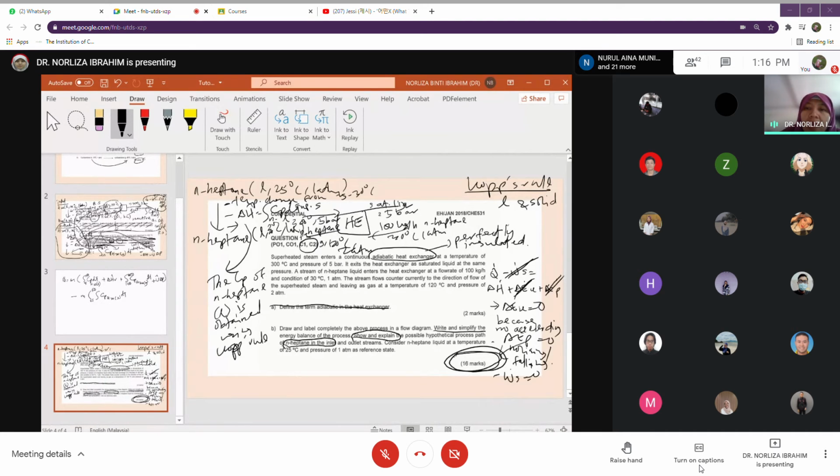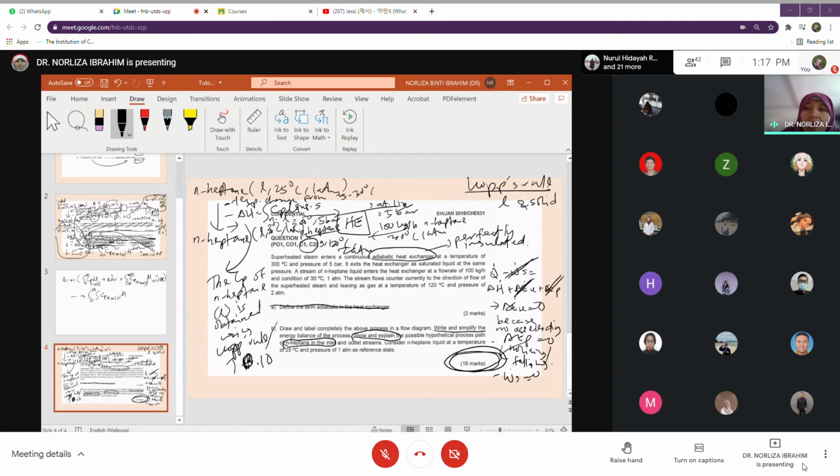Or you can also mention table B10, because Kopp's rule is actually obtained from table B10 with a simple calculation. So you can mention Kopp's rule or obtained from table B10. Okay, so the third point. Because this is 16 marks, you can see the difference from the previous question, where for the third point we did not need to explain.